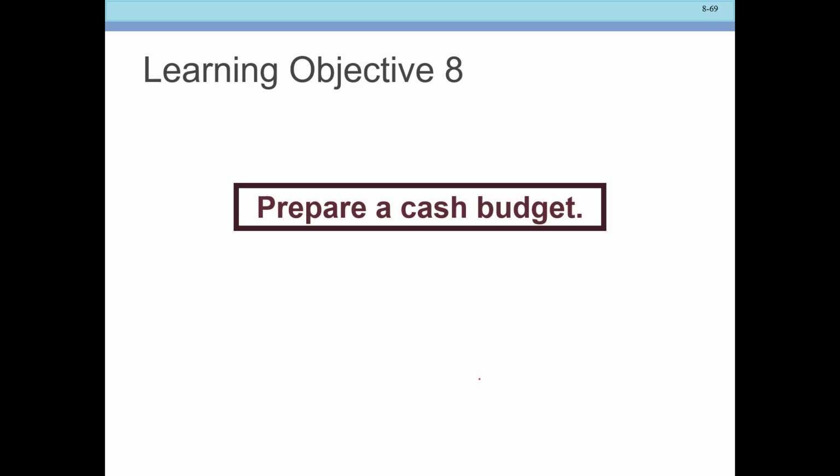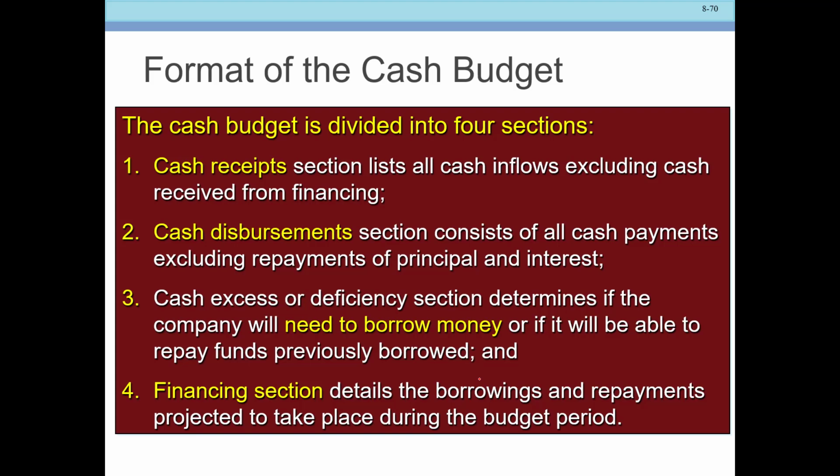Now we have already reached our main objective, which is the preparation of the cash budget. The cash budget is divided into 4 sections. Cash receipts, and this will come from the cash collection. Cash disbursements, which come from many items, starting with cash disbursement for direct material, direct labor cost, manufacturing overhead, selling and administrative, and other payments if there are any.